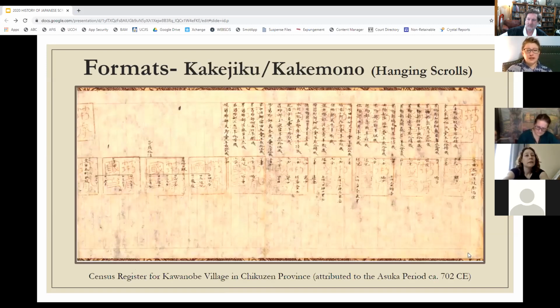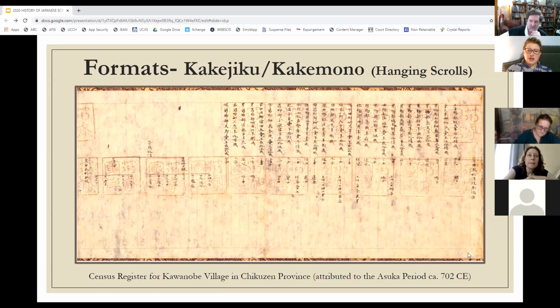Now, this scroll, I don't have a zoomed out view, but let me talk about this a little bit. This is a census register for the Kawanobe village in the Chizuken province. This is said to be part of the Suko period, but I'm going to be skeptical because, again, we don't really have surviving examples of good paper from that period.